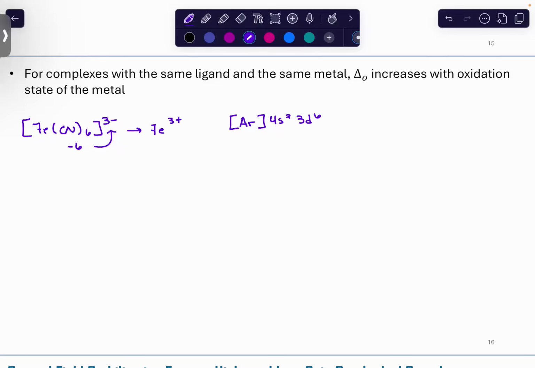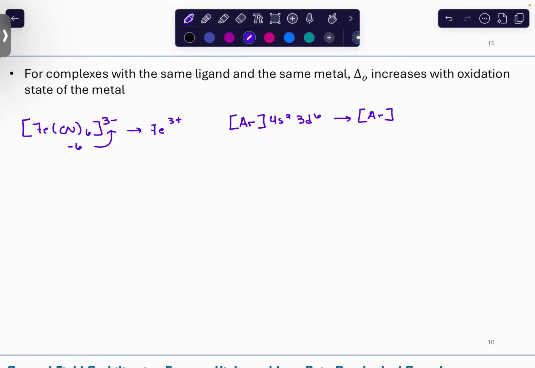So what is iron 3? You're going to be 4d3, right? Well, which 2 electrons go? I have to take 3 electrons off. Which 2 come first?